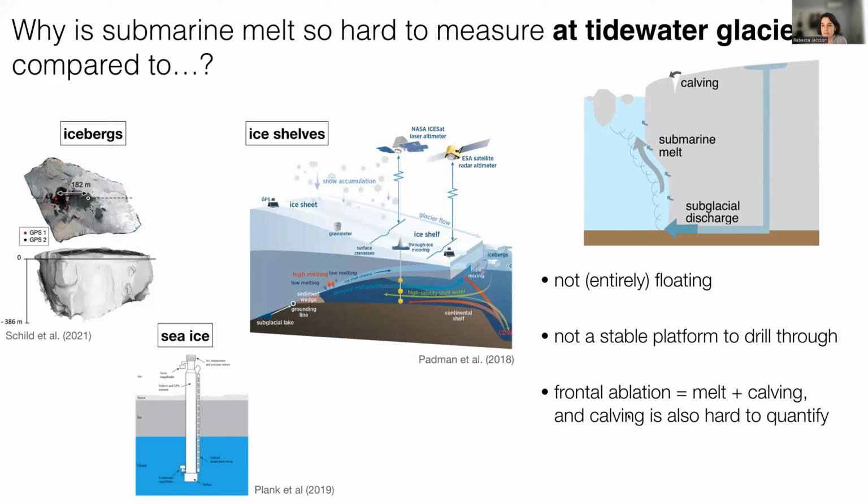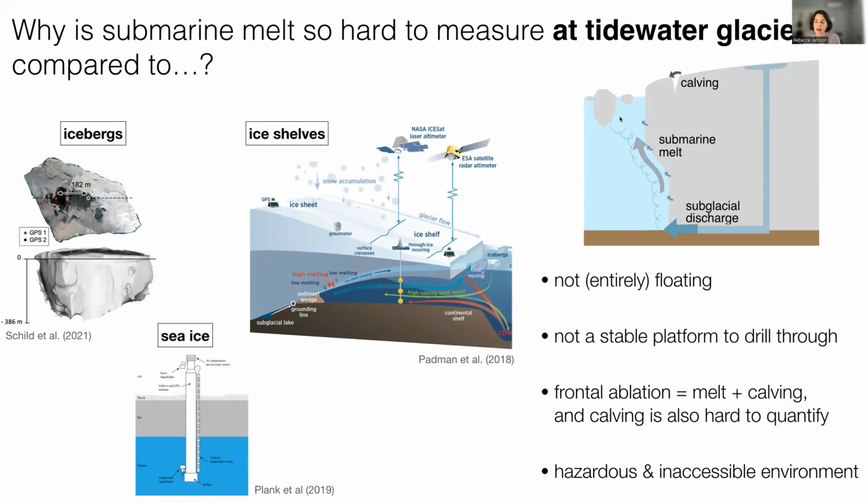But arguably calving is just as hard to quantify as submarine melt in these systems, so we're left with a lot of difficulty partitioning between the two. And then last, maybe not so different than some other icy environments, tidewater glaciers are incredibly hazardous and inaccessible right near the terminus where we want these measurements of submarine melting.